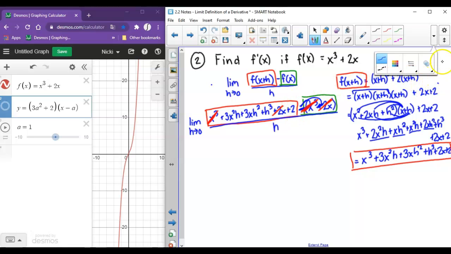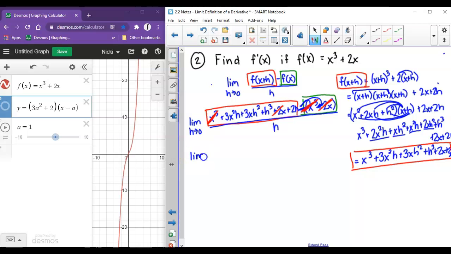And I see what I have done wrong over here. I was supposed to distribute that 2 to this h right here, and I did not write the h down. So I should have an h right here with all of these 2's, which means this 2 right here should have an h with it. So all of these 4 terms that I have left include an h.